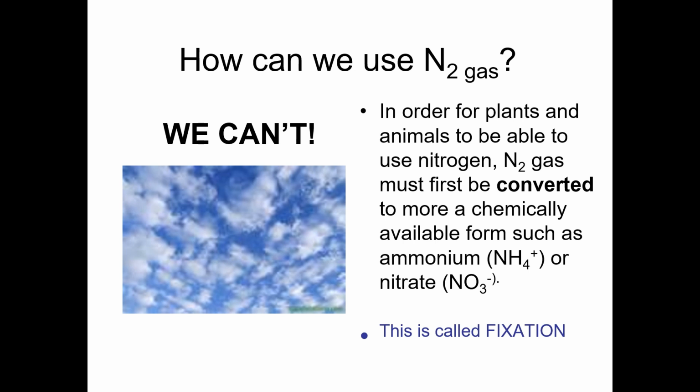This process of conversion of N2 gas into ammonium and nitrate is known as fixation of atmospheric nitrogen. So the N2 gas, which cannot be used by living organisms, is converted by some processes to ammonium and nitrate. This conversion into a usable form of nitrogen is known as fixation.